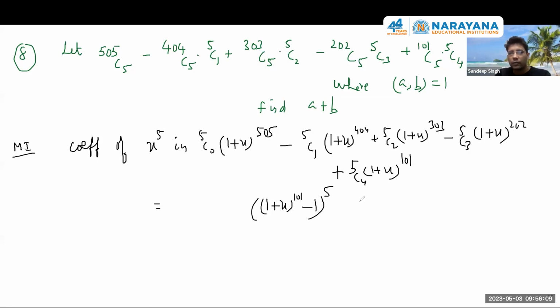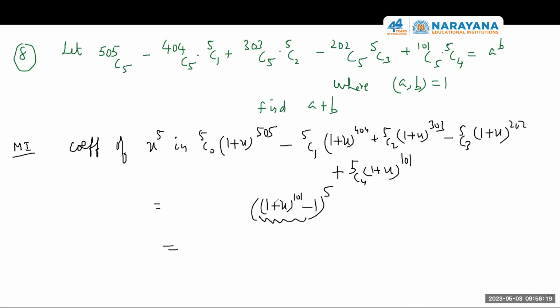So now tell me, 5c4 and this. What about this term? What is the coefficient of x power 5 in this? Expanding it. What is the coefficient of x power 5? So 1 plus, through expansion, what will come? Because there will be many terms. How will you arrive at the coefficient of x power 5?